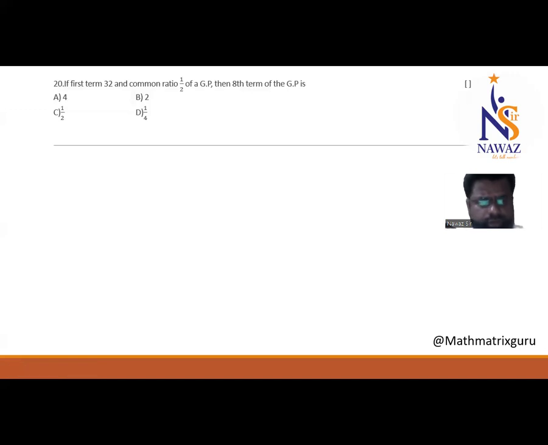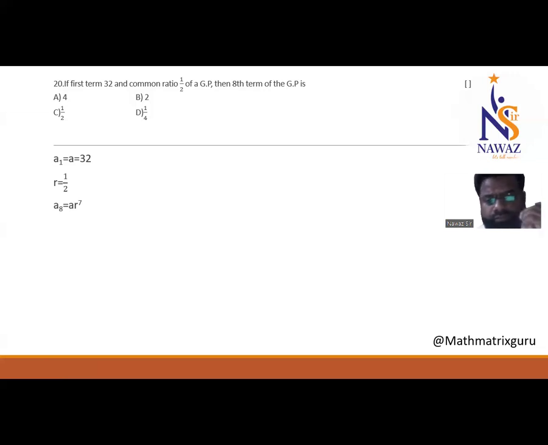Last question. If the first term is 32 and common ratio is 1 by 2 of a GP, then the eighth term of the GP is. This question is from GP, meaning geometric progression. First term and common ratio are given and the eighth term he is asking us to find. So A1 is equal to A is equal to 32, R is given as 1 by 2.